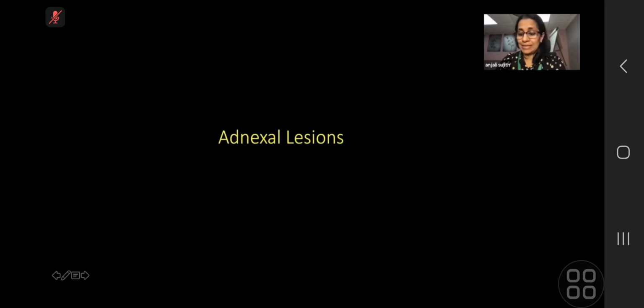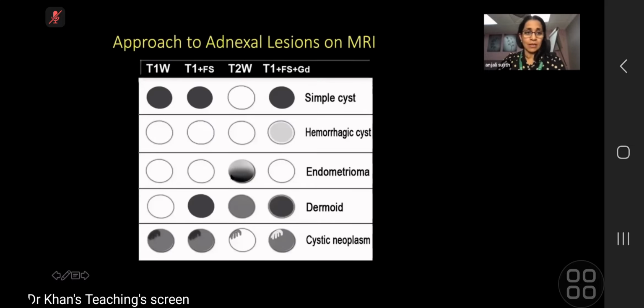So we are now going to look at the admixture lesions, okay? Before we actually go into the cases, let's have a look at how to approach an admixture lesion. The basic sequences that we need are a T1 weighted, T1 fat saturated, T2 weighted, and T1 post-contrast images. For many of the pathologies, you may not require a T1 post-contrast sequence, but the diagnosis can be confirmed with T1 weighted and T1 fat sat and T2 images.